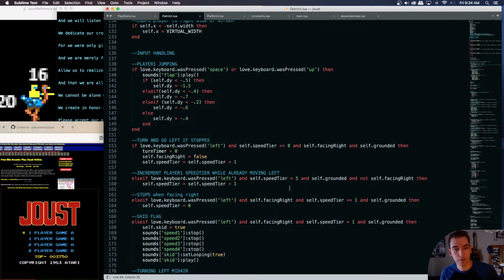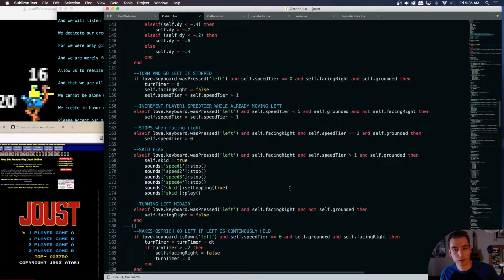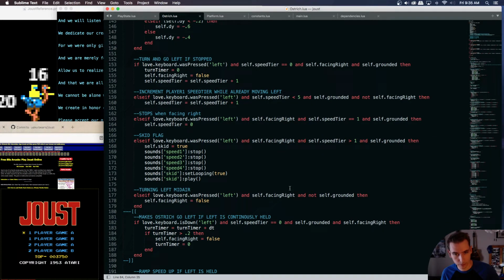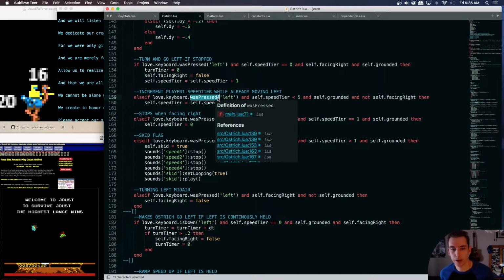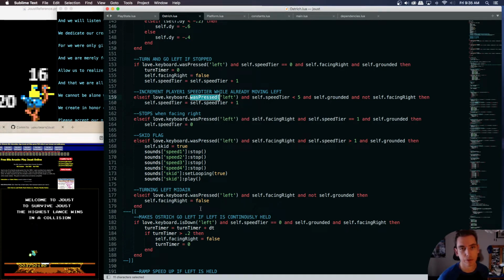That being said, the trickiest thing about this is that I can't do this with the was pressed function. I have to do the is down function because it needs to test for that continuous input.